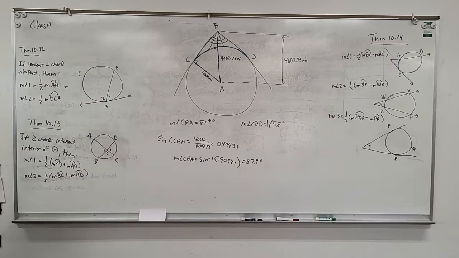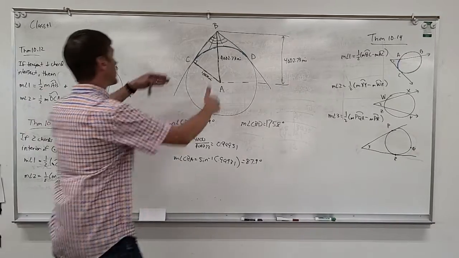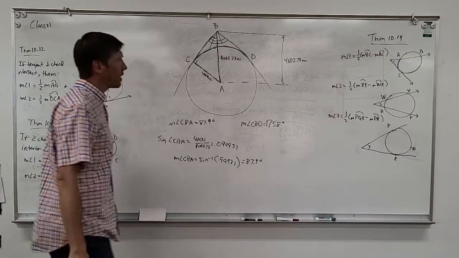Because what did the problem actually ask us for? Find the measure of arc CD that represents the part of the earth that you can see from the top of Mount Rainier. So based on the curvature of the earth, that would be the distance that we could see from the top of Mount Rainier.